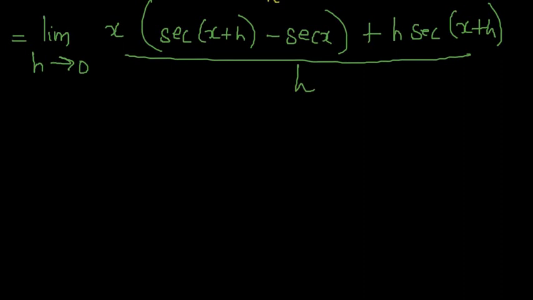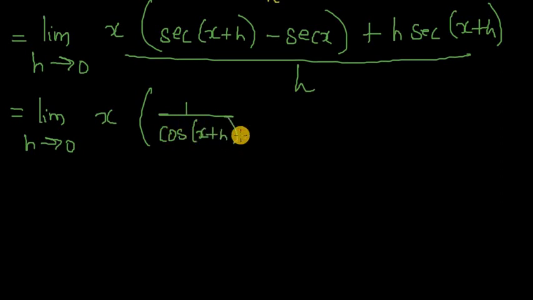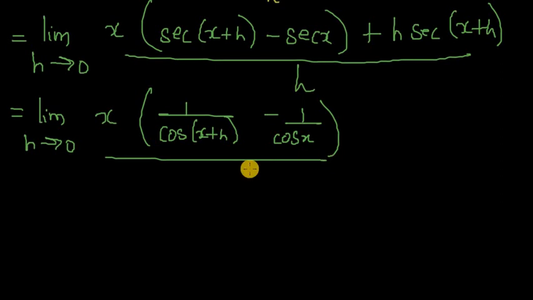If you get any kind of trigonometric problem, try to simplify the given function in terms of sine and cos, so that solving the sum further becomes easy for you. So I'll use the same over here. Limit h tending to 0, x into 1 upon cos of x plus h minus 1 upon cos x, bracket closed, upon h. I'll separate this part.